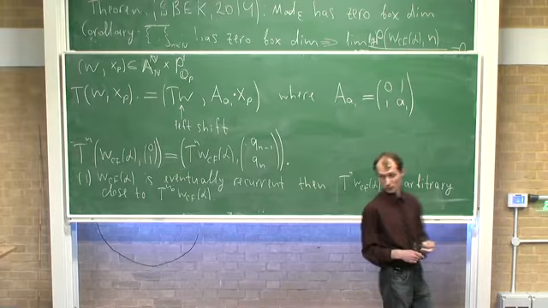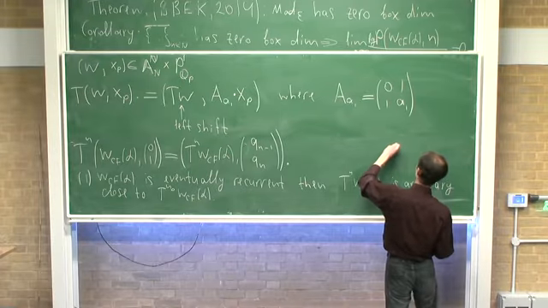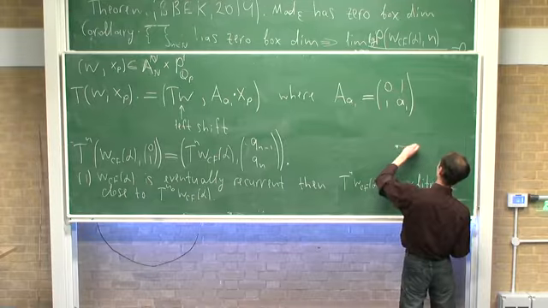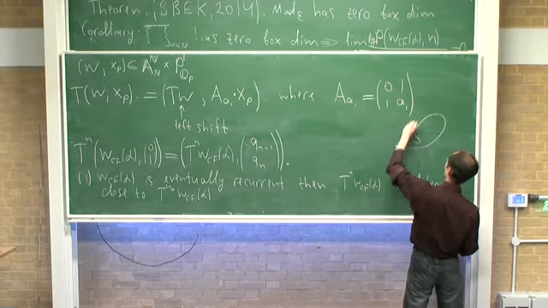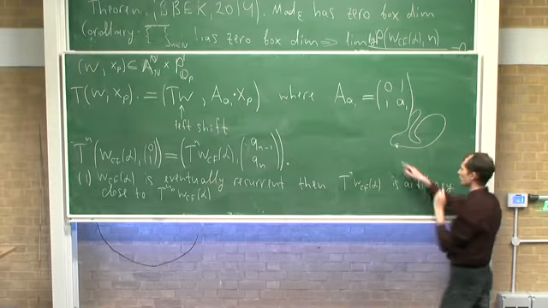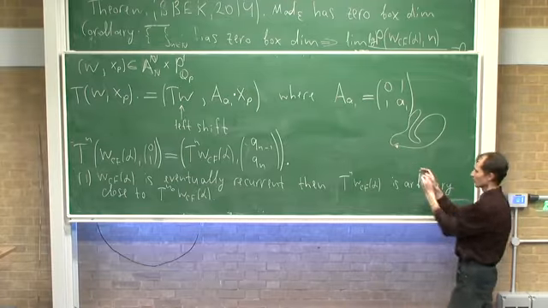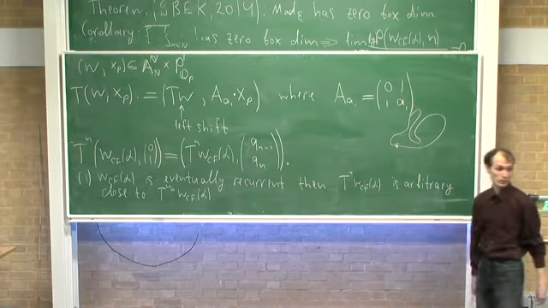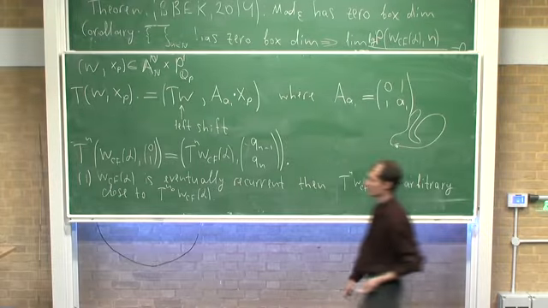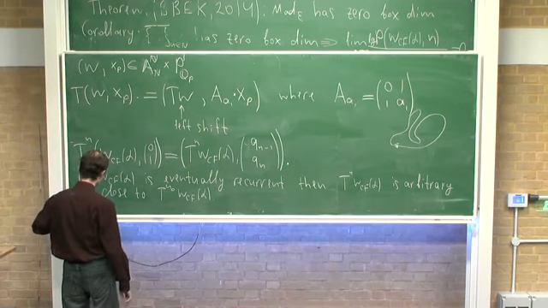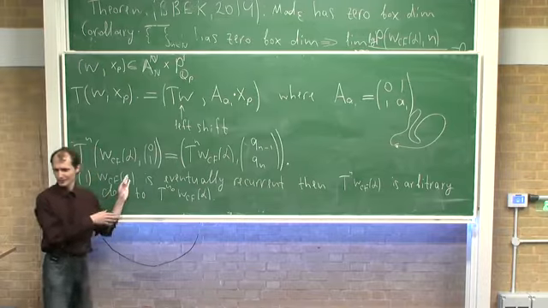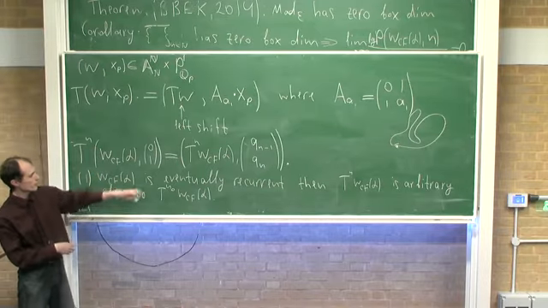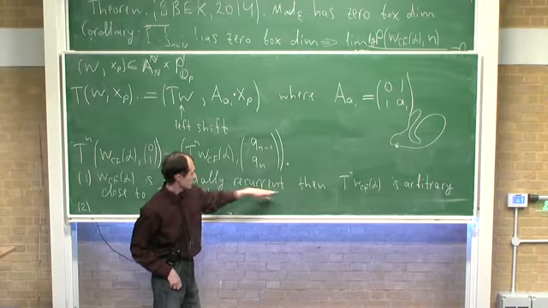Whatever small ball we take, the orbit crosses it somewhere. This step is just a straightforward implication from the definition.